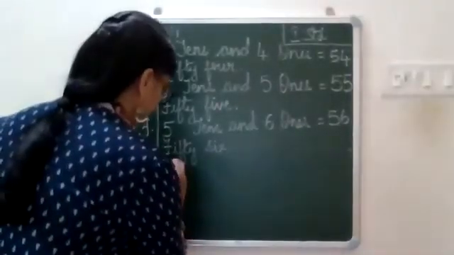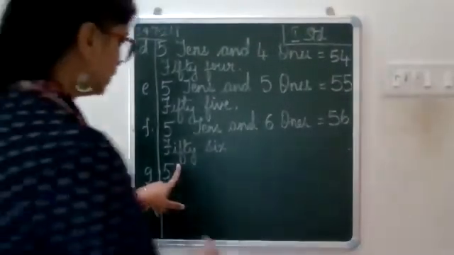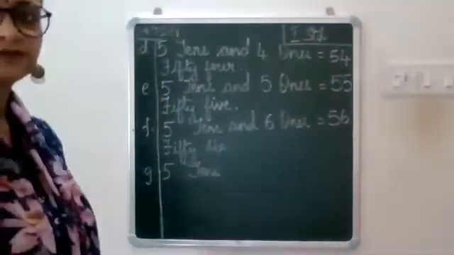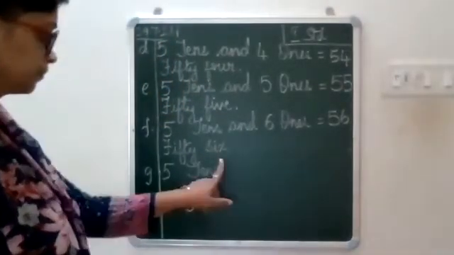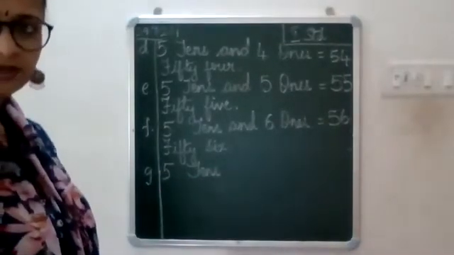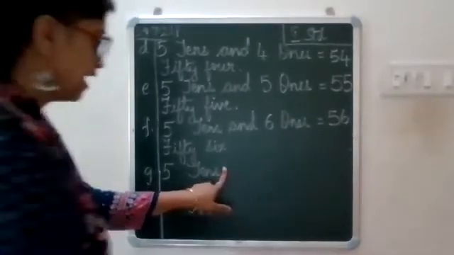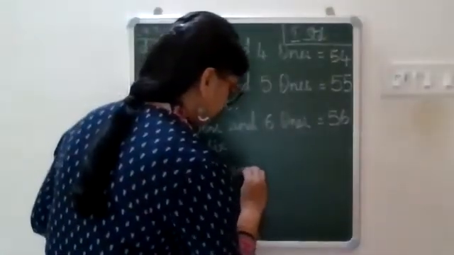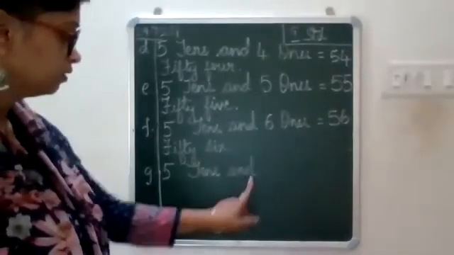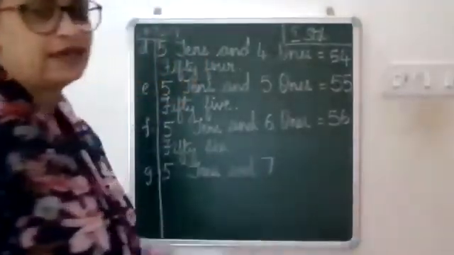Now write the number 5. Leave a finger space. Write down TENS, 5 tens. And, please make sure you leave a finger space after every word and number. 57, yes, very good.